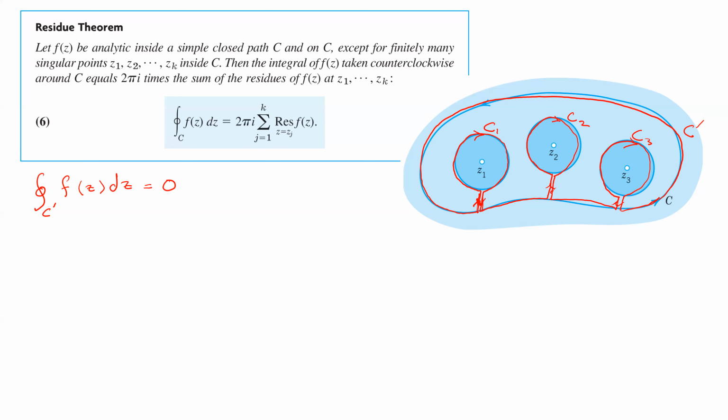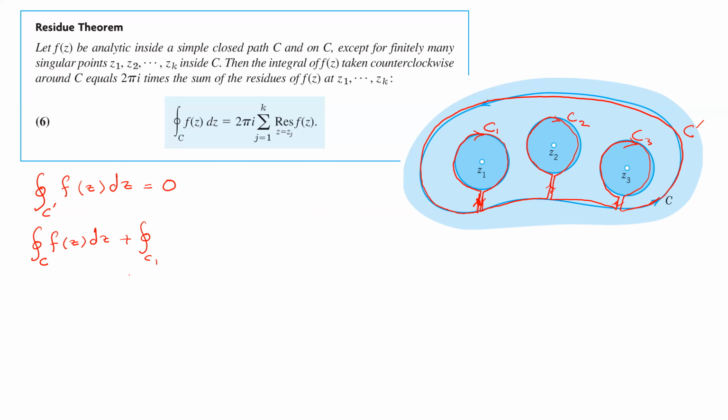So we can write this integral over C prime equal to the integral over C of f(z) dz, plus the integral over C1.